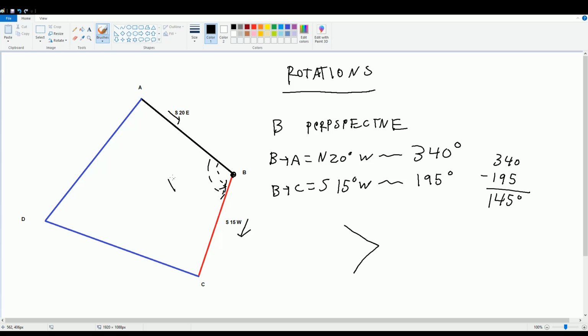So that tells me this interior angle of this polygon is 145 degrees.